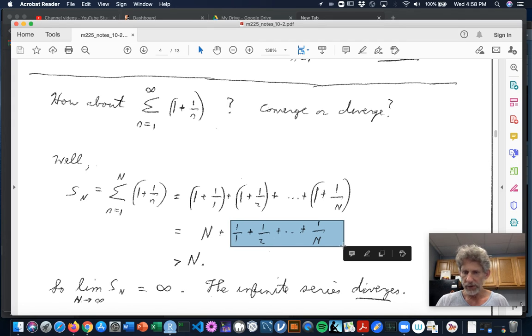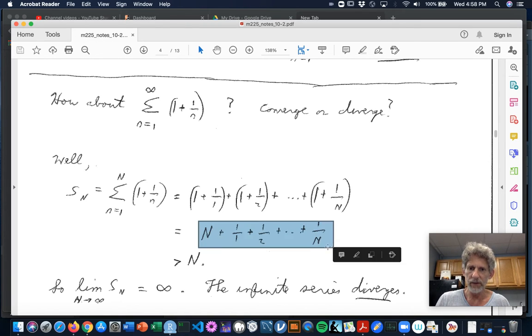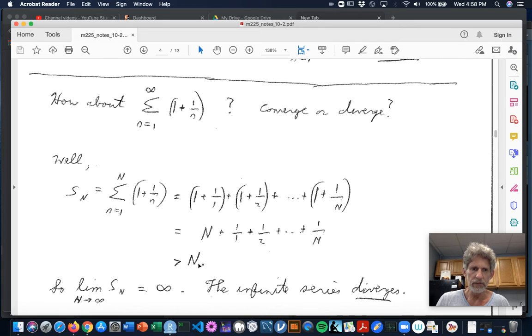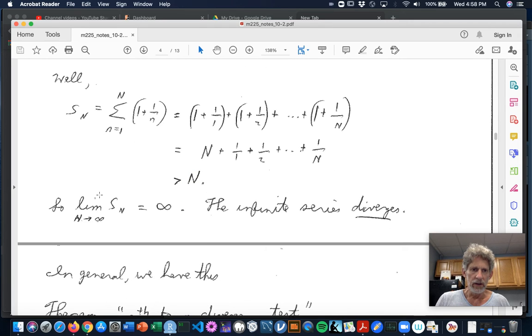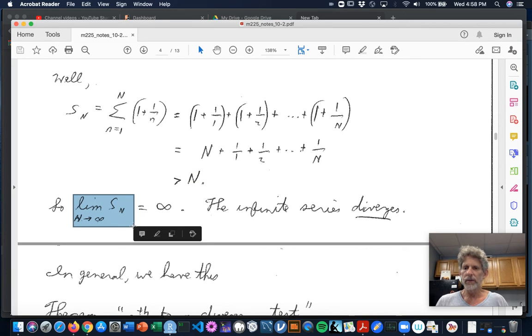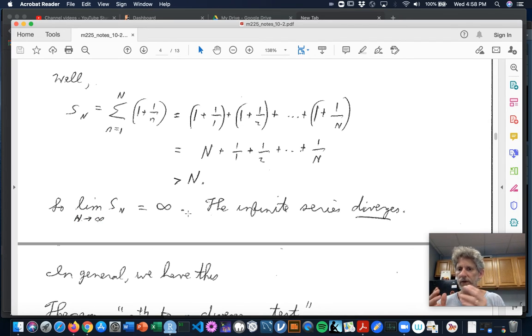And then there's all those other fractions. I'm not going to try to figure out what they are. I'm just going to notice that they're all positive numbers. Therefore, this sum here is bigger than capital N. So the sum of the first capital N terms is bigger than capital N. So the limit of the partial sums is plus infinity. It just gets bigger and bigger and bigger. This infinite series also diverges.